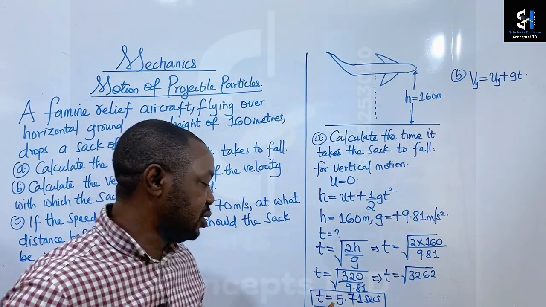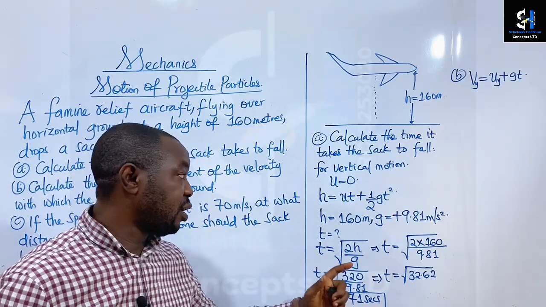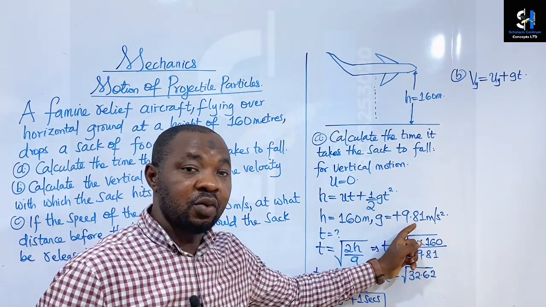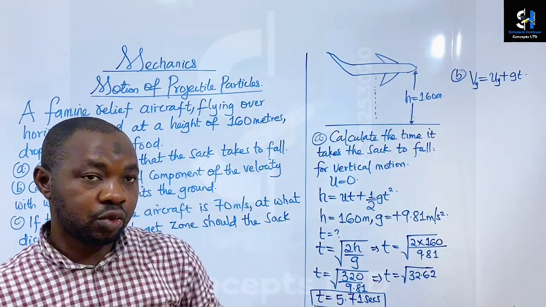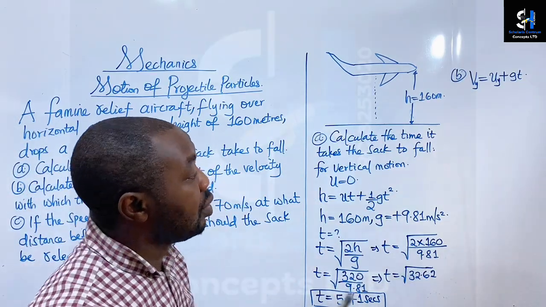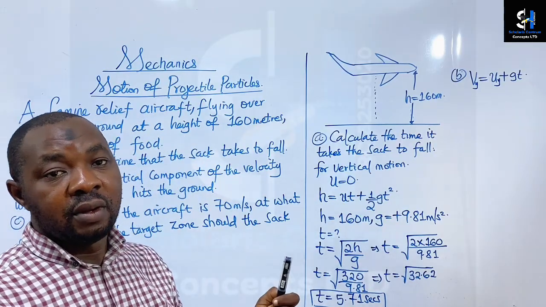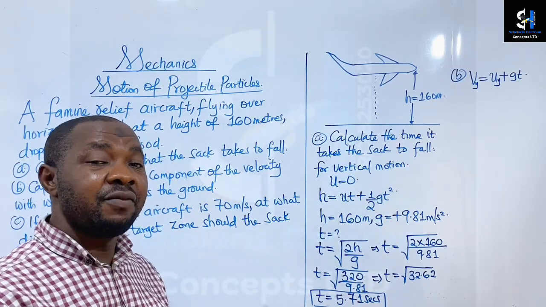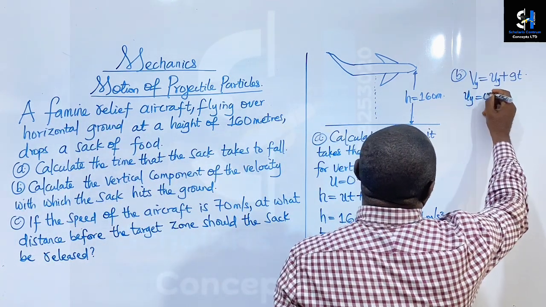Now we know the value of t to be 5.71, and also that g is positive when the motion is vertically downward. The initial vertical velocity is 0, that means Uy is equal to 0.